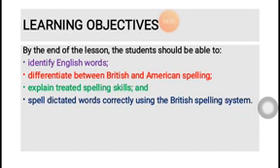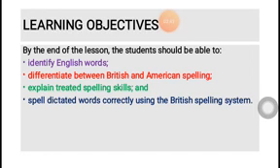Our preferred spelling system is the British spelling system. So by the end of this lesson, after we have taken you through the differences between these two versions of English, you are expected to be able to spell dictated words correctly in English and even write your compositions in English language.